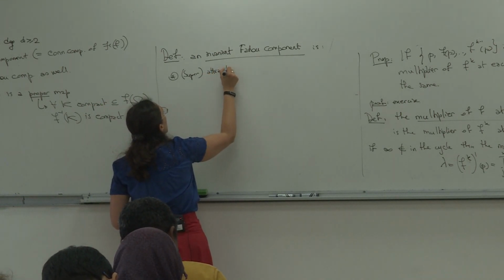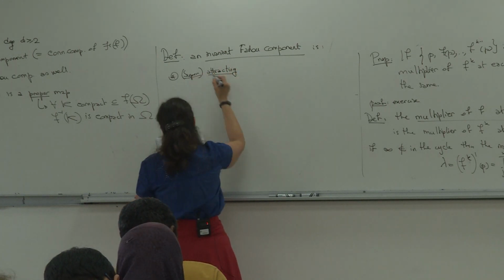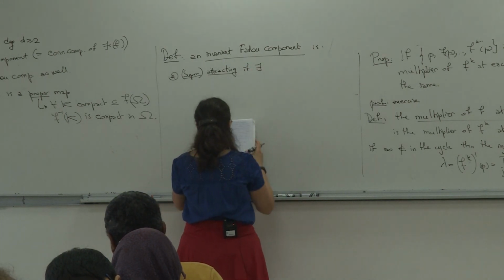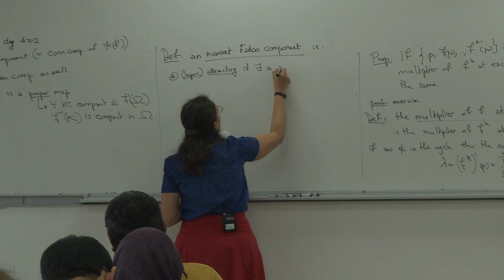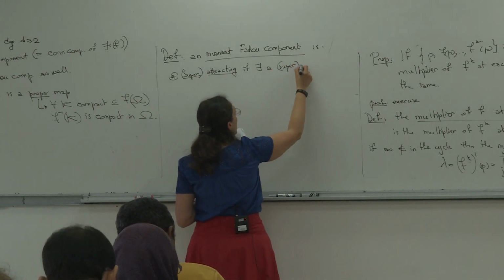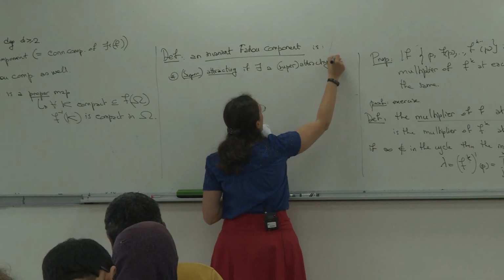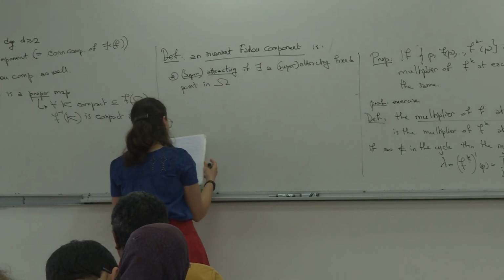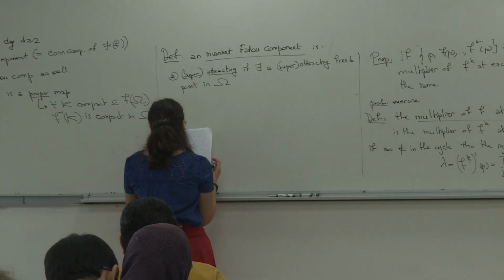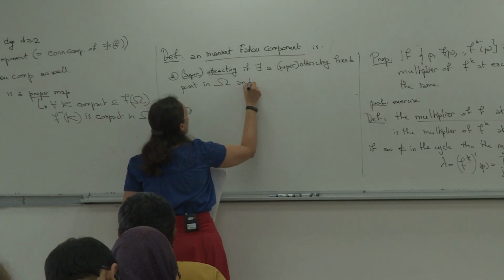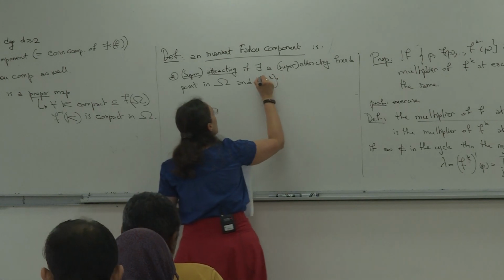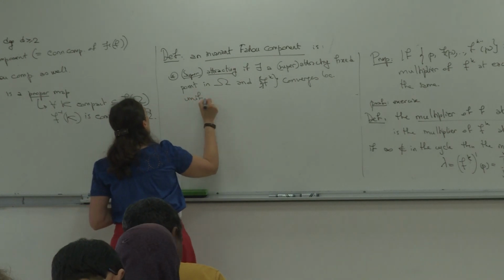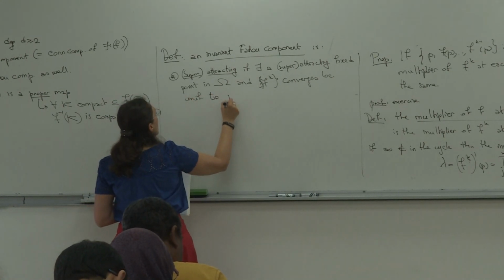It's going to be attracting if there exists a fixed point, a super attracting or attracting fixed point, in omega, and the sequence of iterates converges locally uniformly to this fixed point.